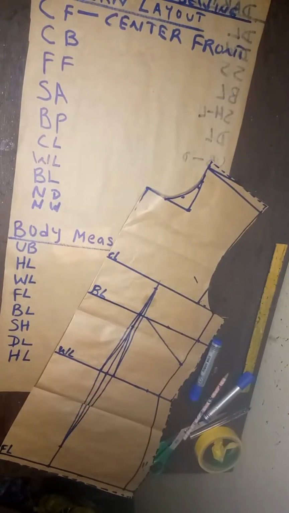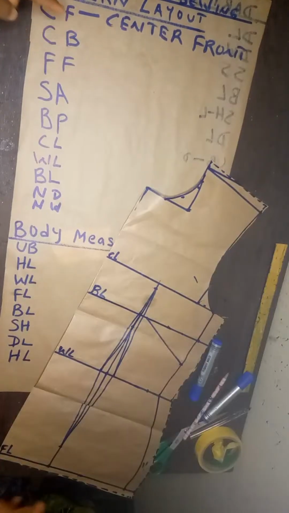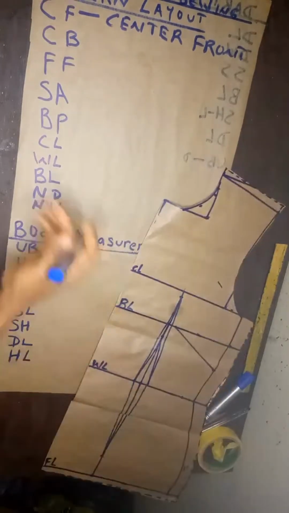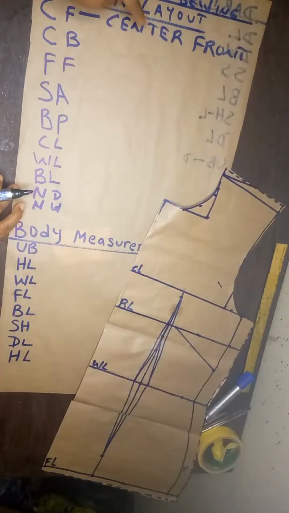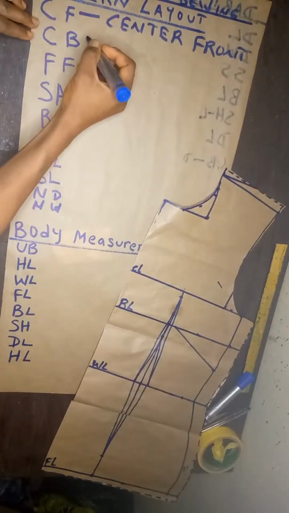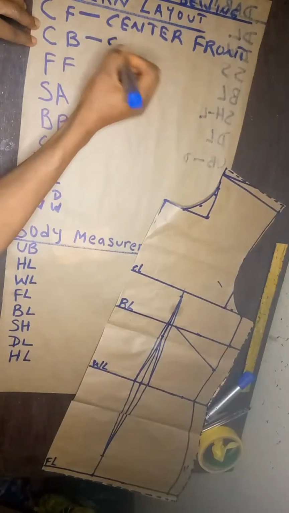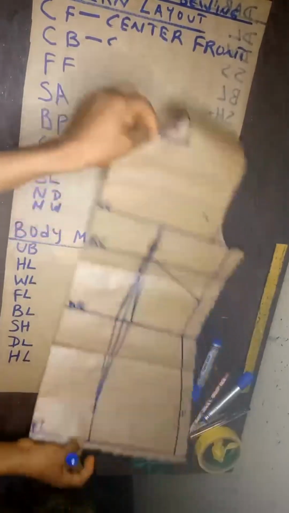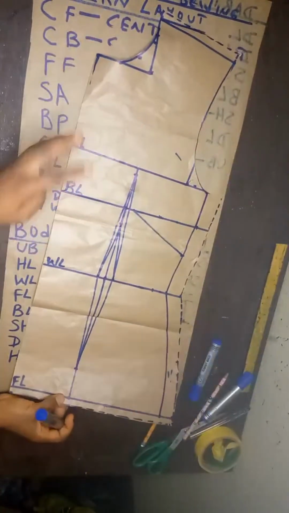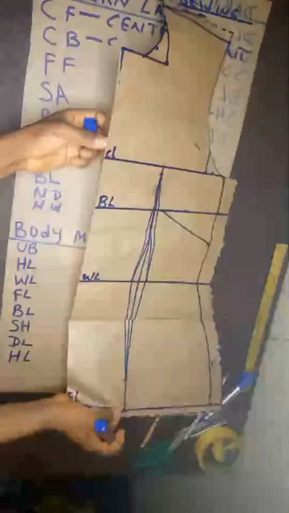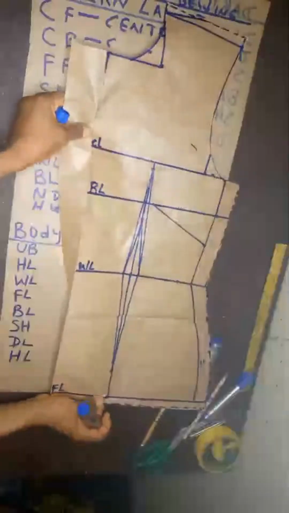So for the second one, this is CB. CF is center front, then CB is known as center back. So let's assume this is my back bodice, and let's say this back bodice has zipper allowance.